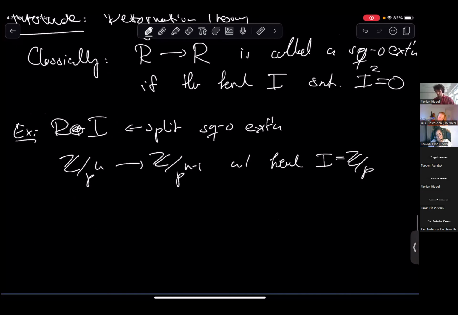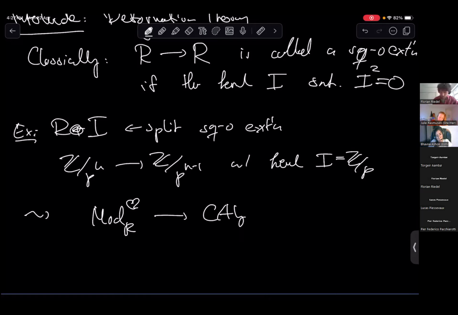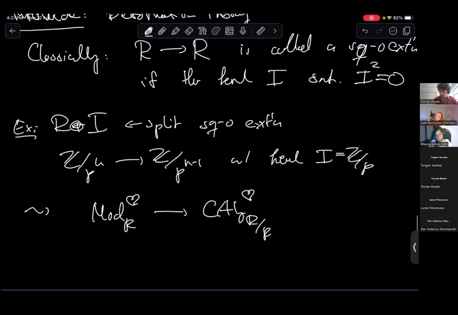And in fact, this construction induces a functor. To be consistent, I will write mod heart for discrete modules over a discrete ring to commutative algebras augmented over R, and let me write heart to indicate that everything's discrete.